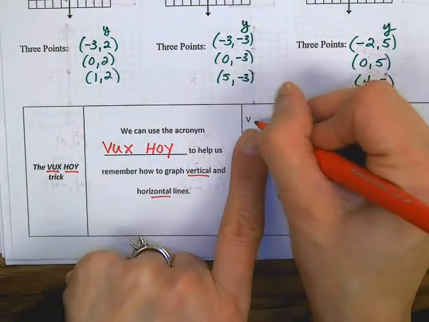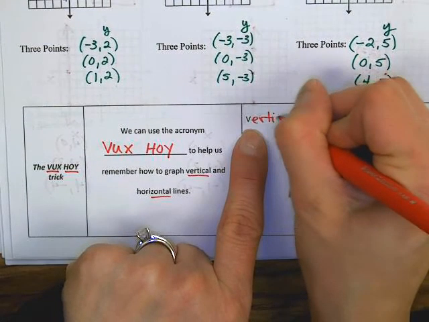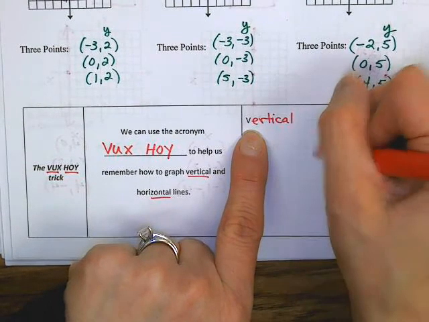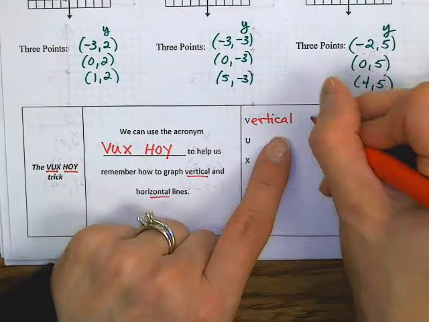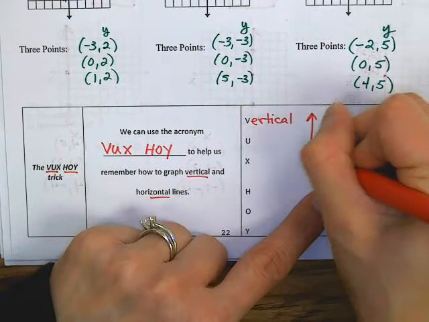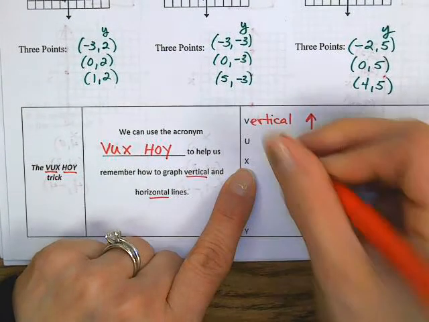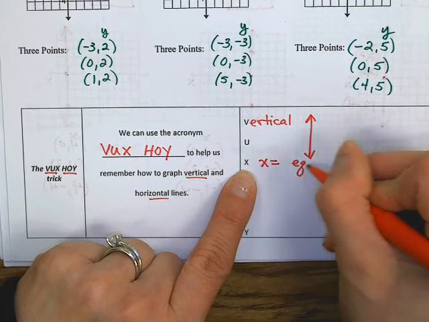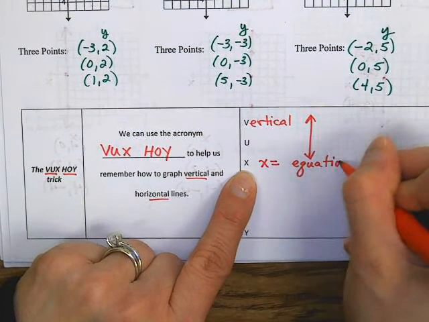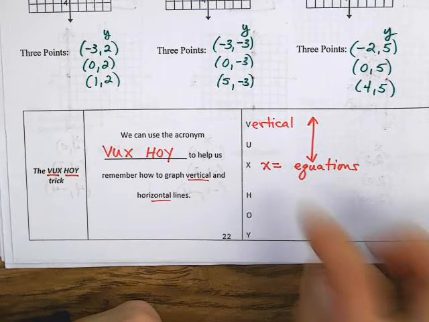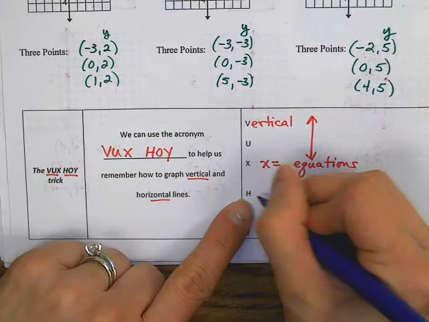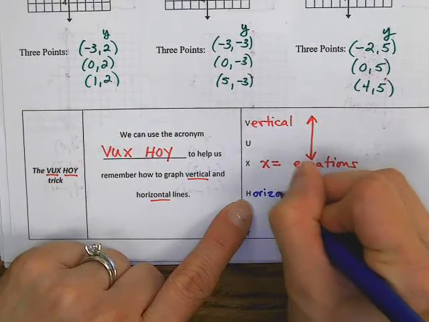So V is for vertical. Vertical lines go up and down like this, and their equations are x equals a number. Okay, all of the x's have the same number. And then there's Hoy. This is horizontal.